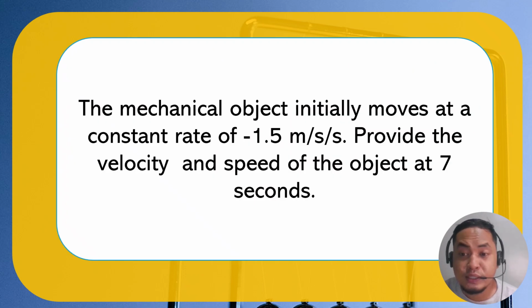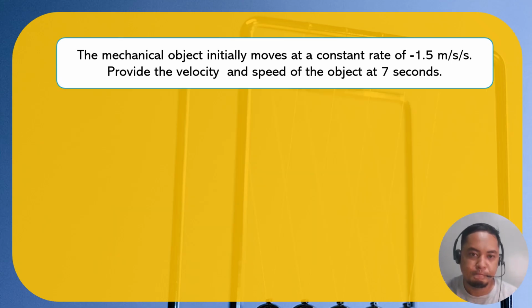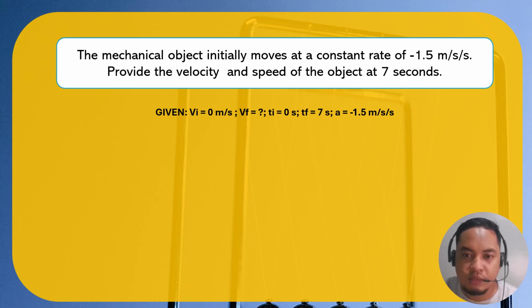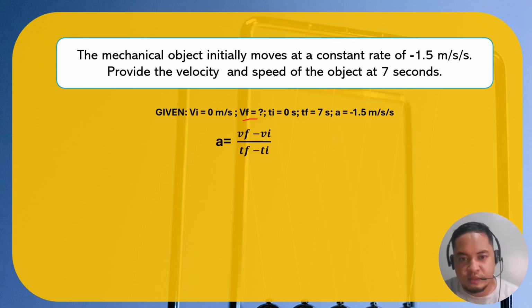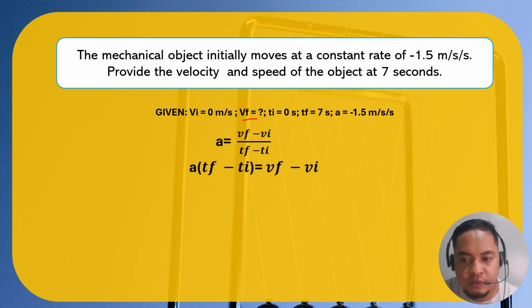The mechanical object initially moves at a constant rate of negative 1.5 meter per second squared. Provide the velocity or the speed of the object at 7 seconds. We have the given, and we need to find the velocity. So we will be using the same procedure as earlier. Let's derive, and the target is to isolate final velocity.